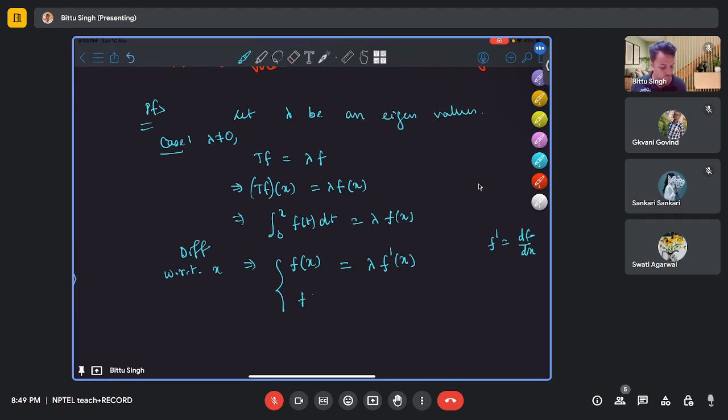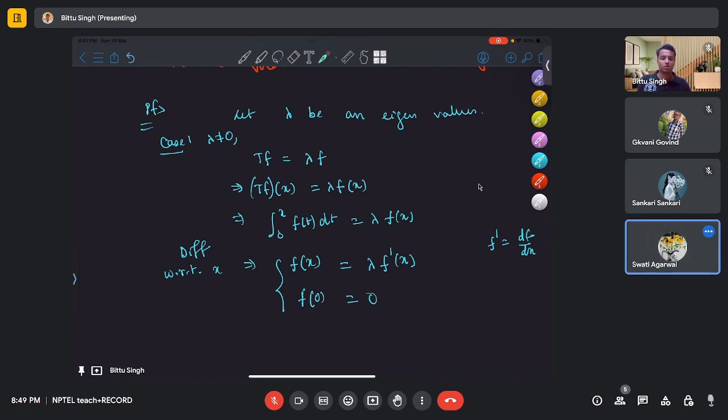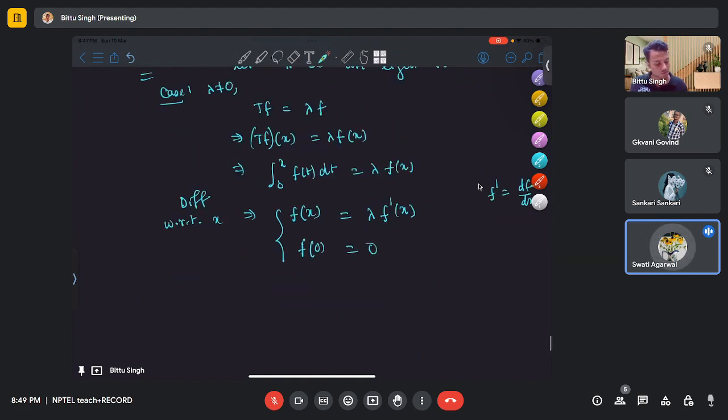So you can see f of 0 is also 0, right? Just take the limit to be 0, then the left hand side is 0 and f(0) is 0, because we have assumed lambda to be non-zero. Sir, we have differentiated this equation on both sides with respect to x. Yes. So there is already an integral. If we take that, then it will become f of x. Plus f of 0, right?